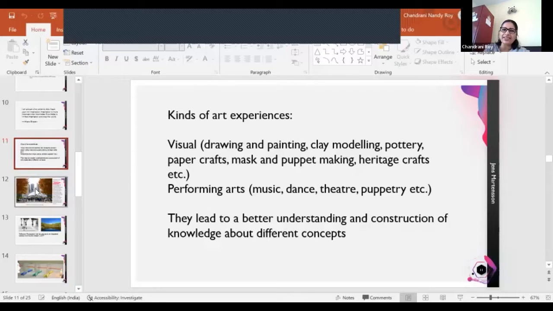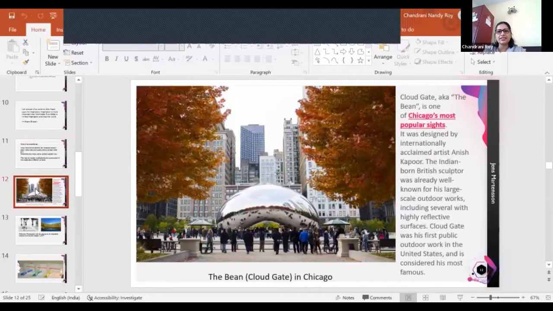So here I just have an example. Now this is a very, very famous site in Chicago. We have tourists going up to it. And this is an art design which is called the Cloud Gate, or also the Bean. You can see it installed here. It was designed by an internationally acclaimed artist called Anish Kapoor.